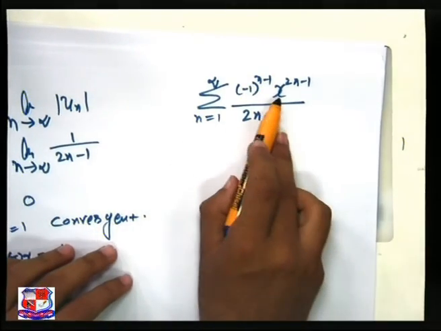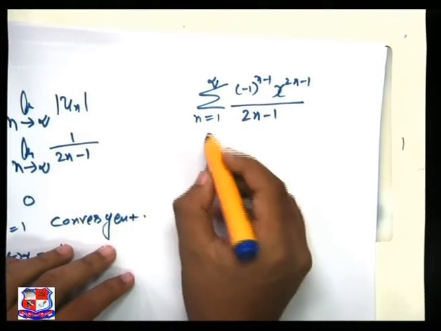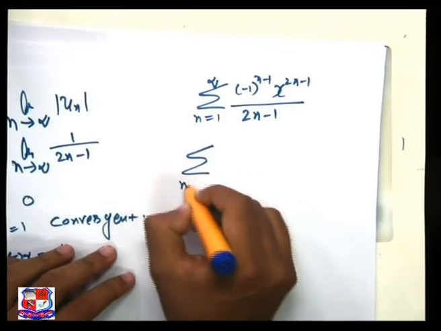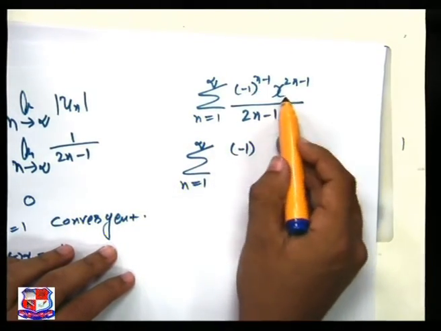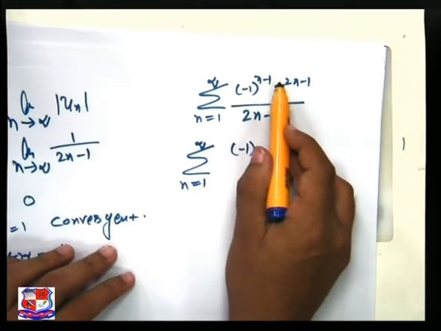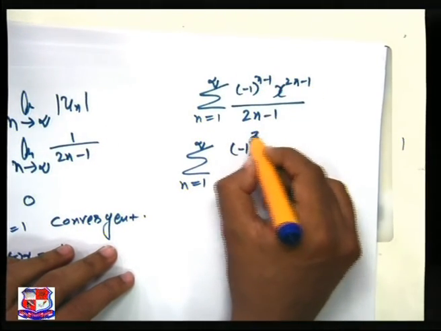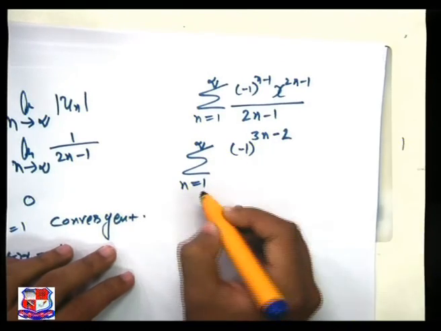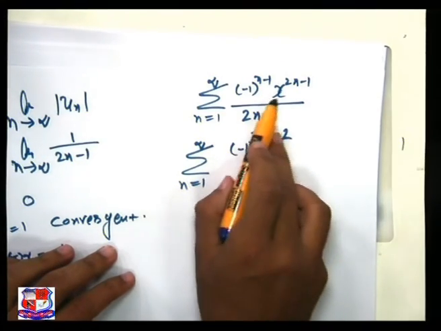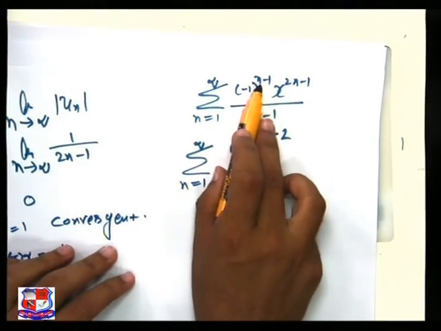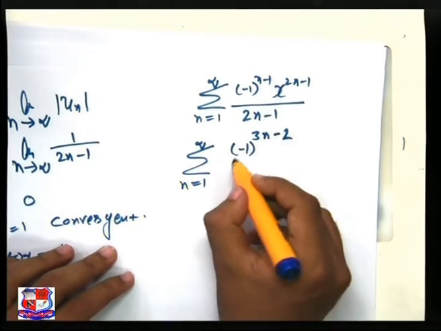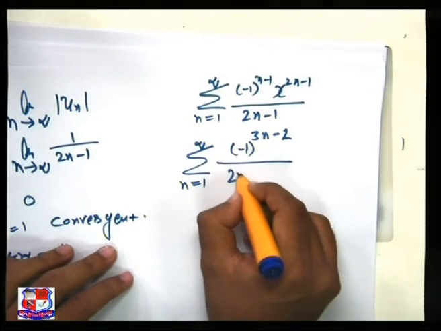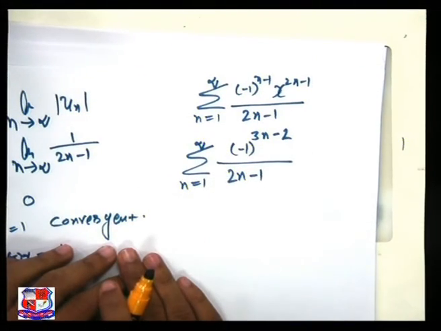Now when we are taking x is equal to minus 1 here, it is equal to minus 1 raised to 2n minus 1 plus n minus 1, so that will become 3n minus 2, right, because 2n plus n, that is 3n minus 1 minus 1, so minus 2, upon 2n minus 1, right.